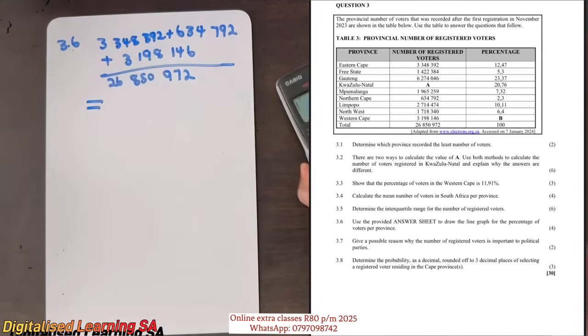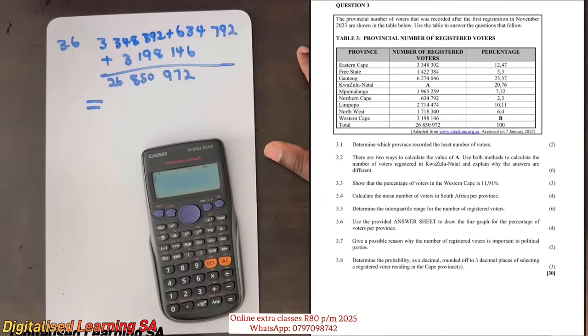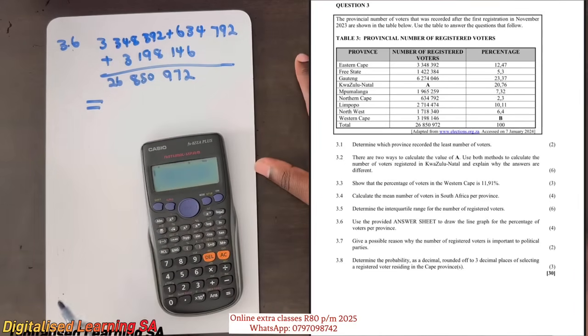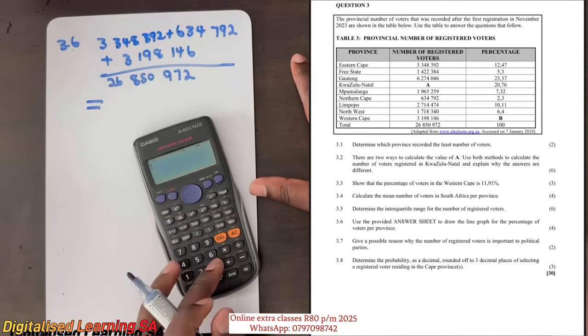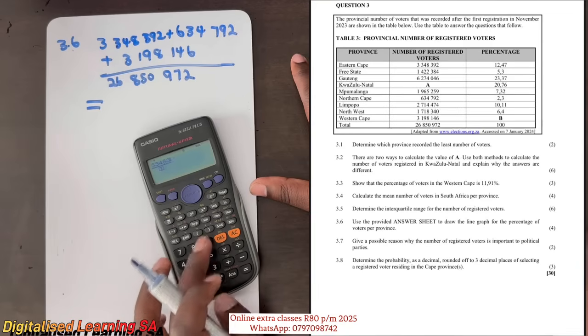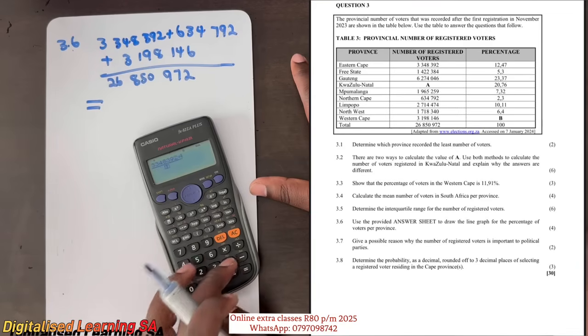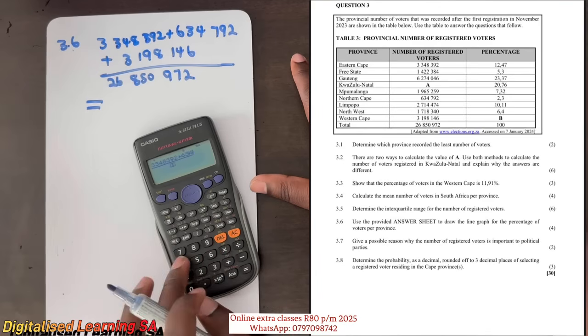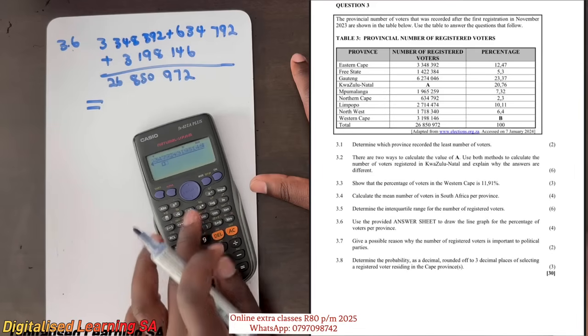And remember that our answer needs to be a decimal and rounded off to 3, meaning that we don't have to multiply by 100 because we are not looking for a percentage. So we will come and say 3,348,392 plus 634,792 plus 3,198,146.